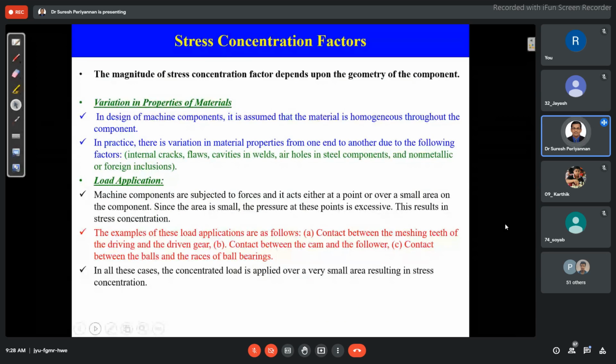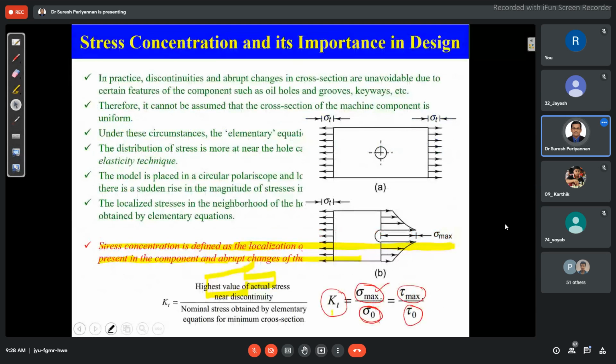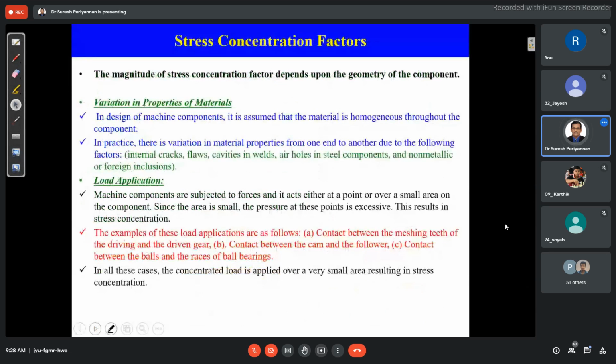Now, what are the reasons? The magnitude of the stress concentration factor is based on some reasons. KT is the theoretical stress concentration factor; the T denotes theoretical. What are the parameters that should be considered for the stress concentration factor? Variation in material properties.